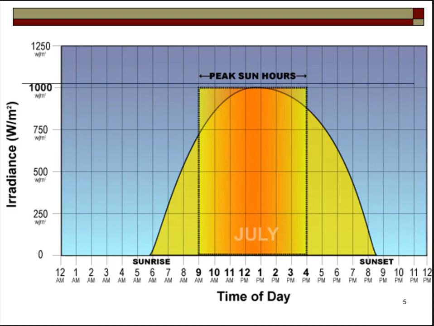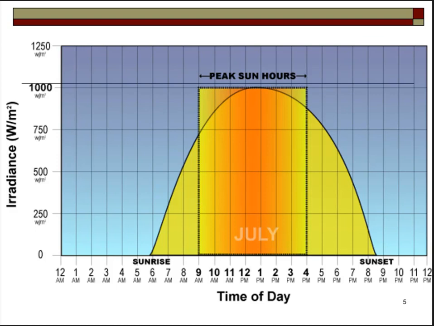It's important to note that the area of the curve under that parabola is equal to the area of the rectangle. The number of hours of the day, which is sun intensity, is represented by 1,000 watts per meter squared, is referred to as peak sun hours.